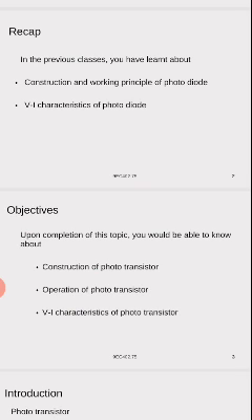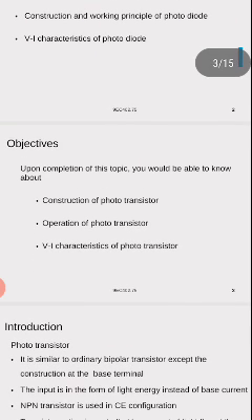Other than photodiode, we discussed optoelectronic devices like LED, LDR, LCD. Those topics also we completed in the last class.